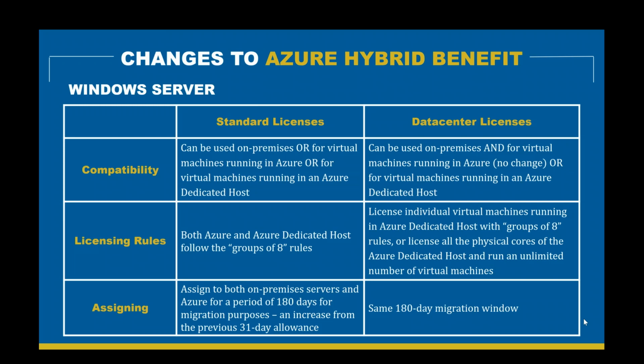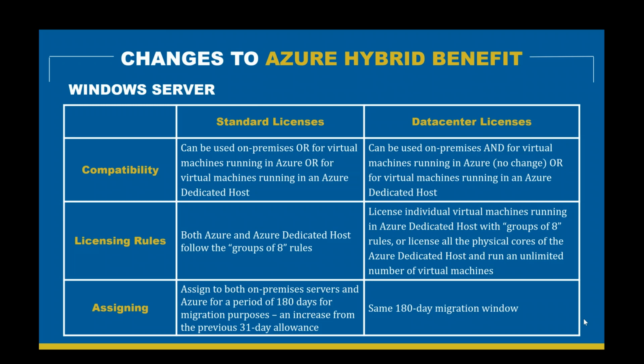The licensing rules for both Azure and the Azure dedicated host still follow the group of 8 rules. With the data center license, though, you license the individual machines running in Azure dedicated host with that group of 8 rule, or license all the physical cores on the Azure dedicated host, and then you can run an unlimited number of virtual machines.